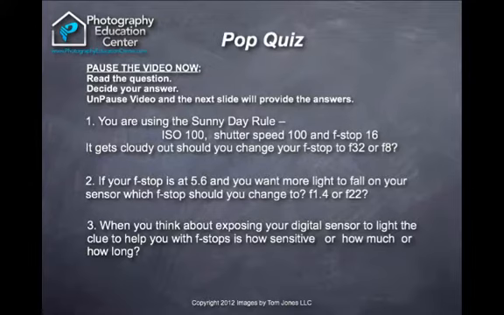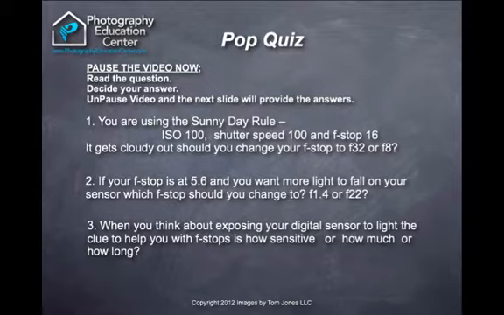Pop quiz. Pause the video now. Read the question. Decide your answer. Unpause the video, and the next slide will provide the answers. 1. You are using the sunny day rule, ISO 100, shutter speed 100, and f-stop 16. It gets cloudy out. Should you change your f-stop to f32 or f8? 2.